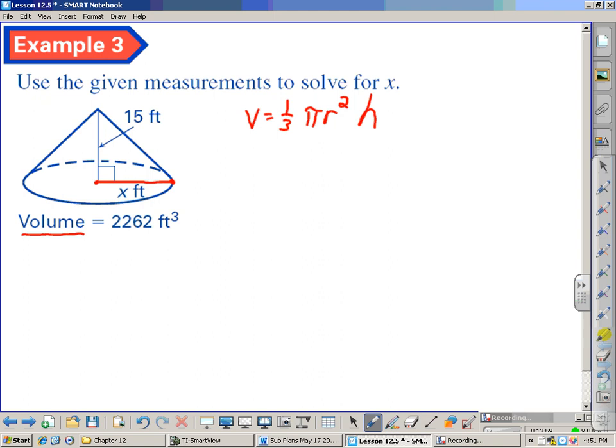So 1/3 area of the base times the height. We have 1/3 times pi times the radius, which is x, squared times the height, which is 15. Made a little mistake here. I forgot to put in for the volume that it's 2,262.